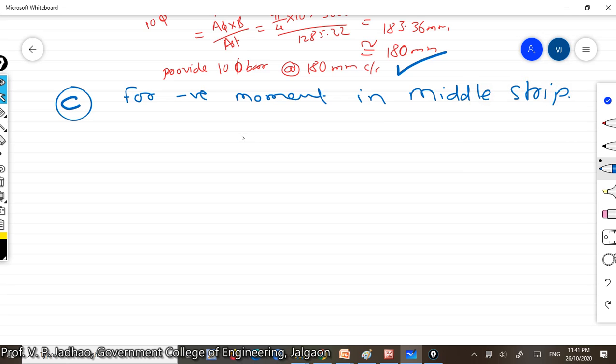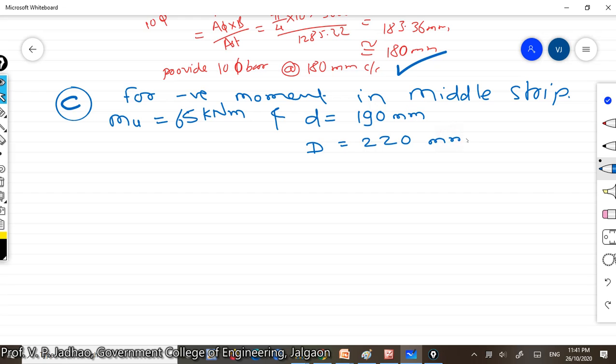For negative moment in the middle strip, we have already calculated the bending moment, which was 65 kilonewton meter, and the depth d is equal to 190 mm, whereas total depth capital D is 220 mm.